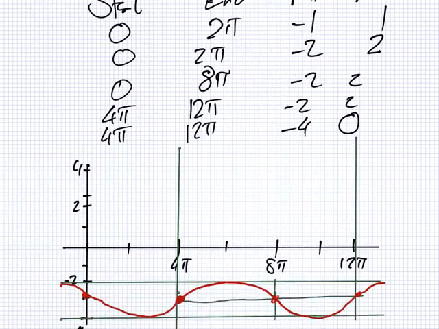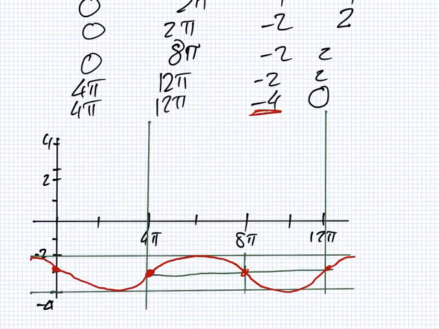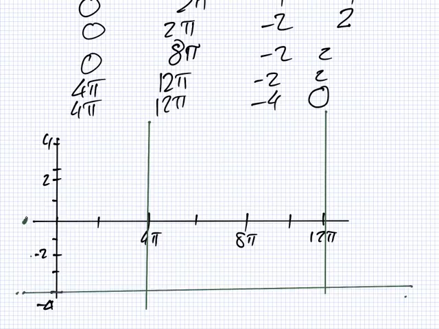Oh yeah, it's me when I was drawing my box. The lowest is minus 4 and the highest is 0, not 2. Nobody noticed that, certainly not me. Right, so I'll just draw it again. Minus 4 and 0. Break it up into 4.